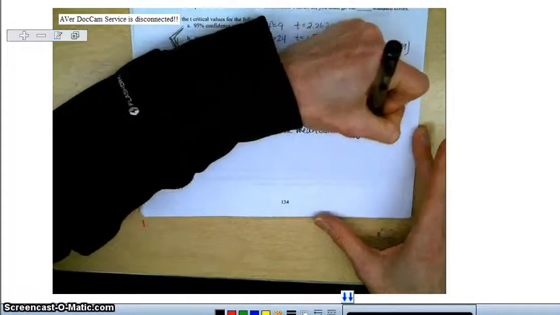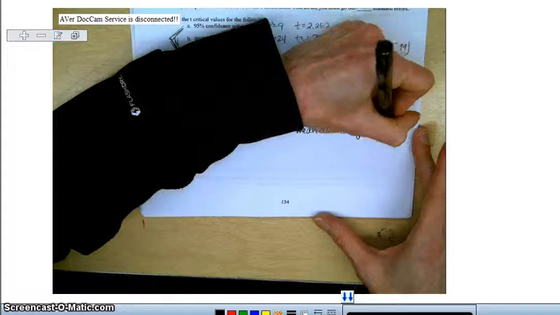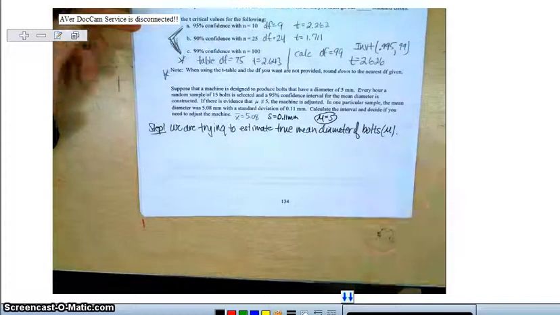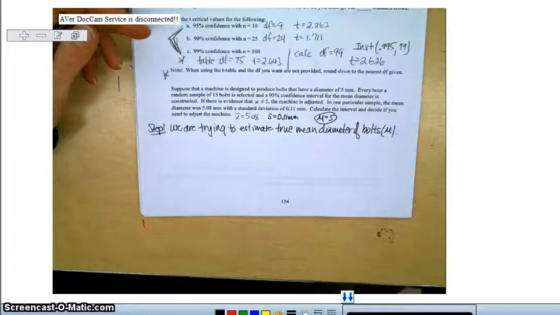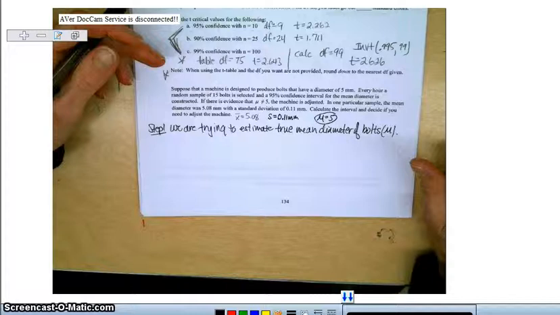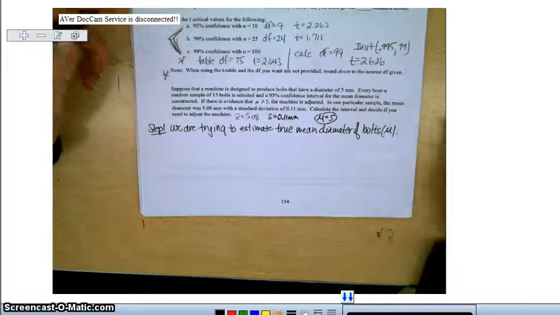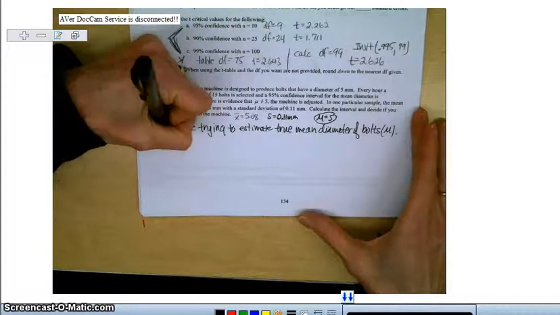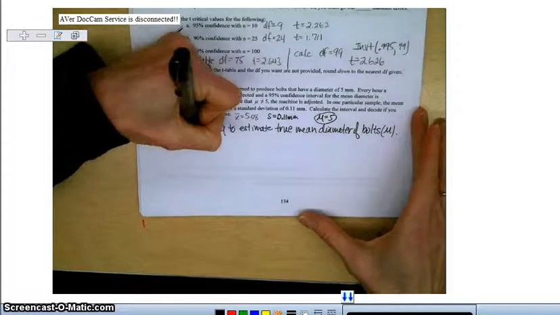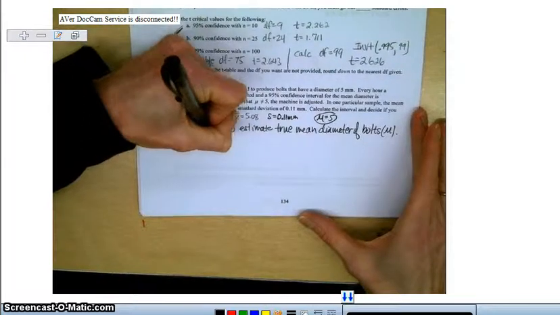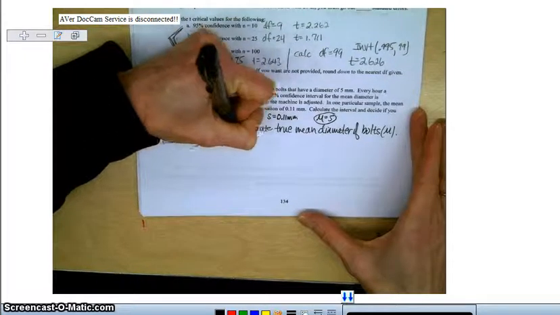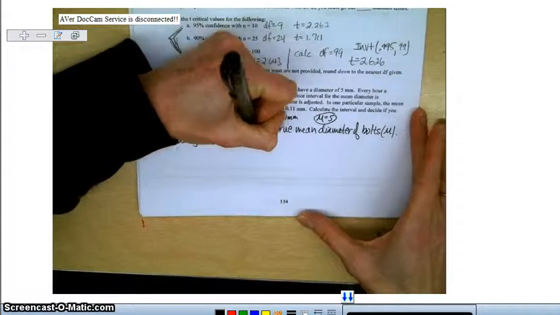That's mu. So that's what we're trying to do: estimate the true mean diameter of the bolts. What do we have? Our best guess is X bar is 5.08 millimeters.